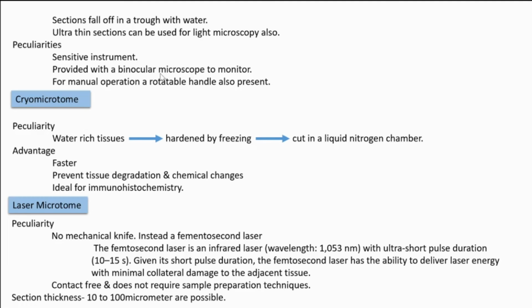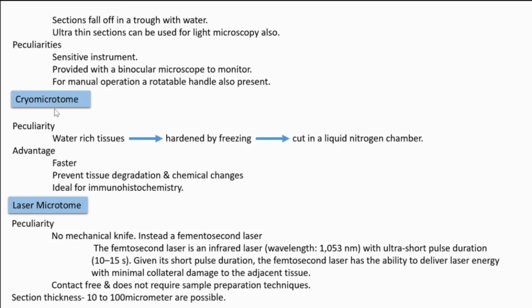And if the automatic system doesn't function properly, there is another option for manual operation. A rotatable handle is also present there. That's all the peculiarities about the ultra microtome.